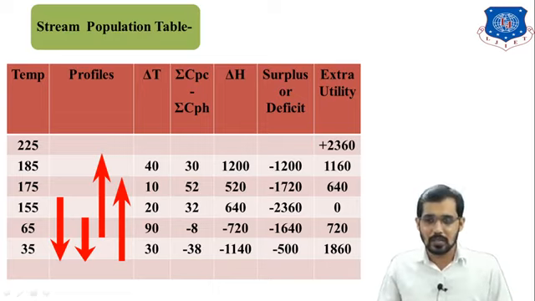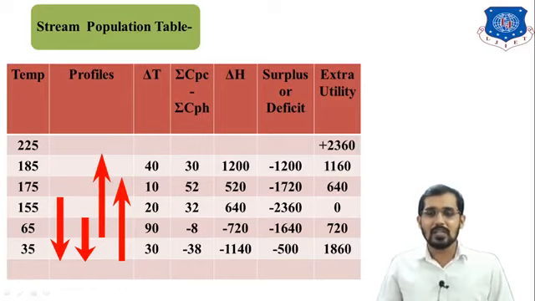Now for the second one, there are two streams available, C1 and C2. H1 and H2 are not available. So for C1 and C2, just add the heat capacity of the C1 stream and the C2 stream. For C1 that is 30 and for C2 that is 22.